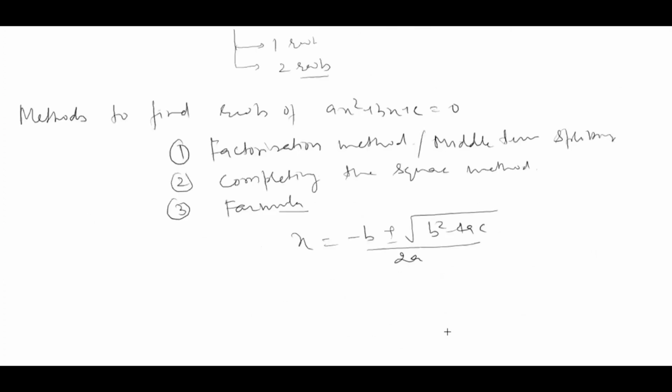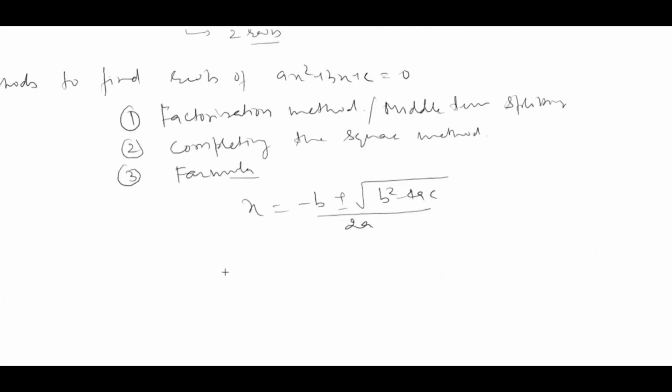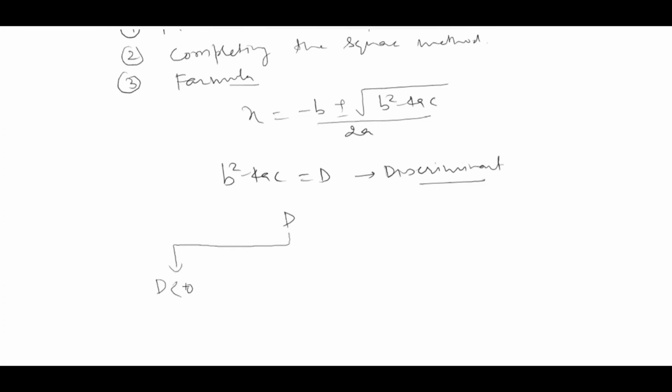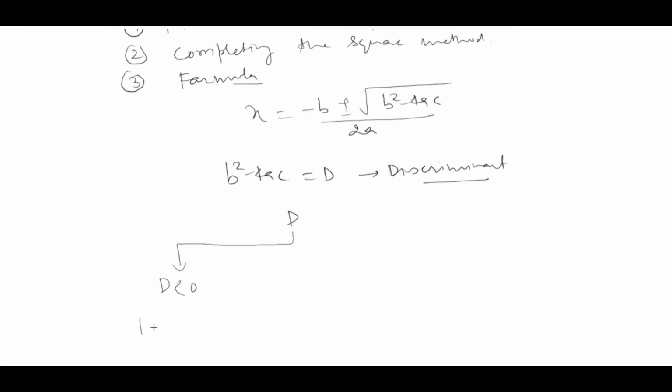When you look at this, b² − 4ac is what we call the discriminant, D. Based on the discriminant, you can decide whether there are going to be one root, two roots, or zero roots. When D is less than 0, we say there are no real roots.